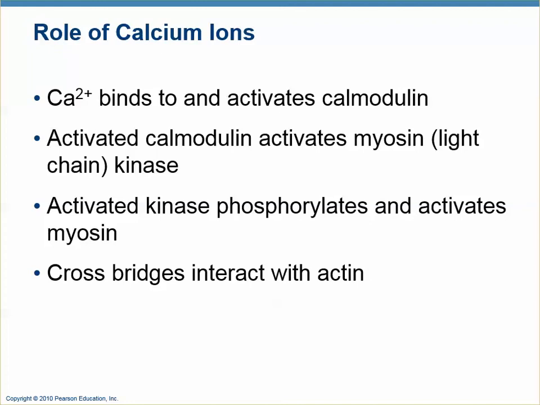The myosin kinase affects the ATP and causes the ATP to become ADP, and then starts that cross bridge going. So the ATP doesn't automatically hydrolyze. It happens in the presence of this myosin kinase, which is activated by calmodulin.